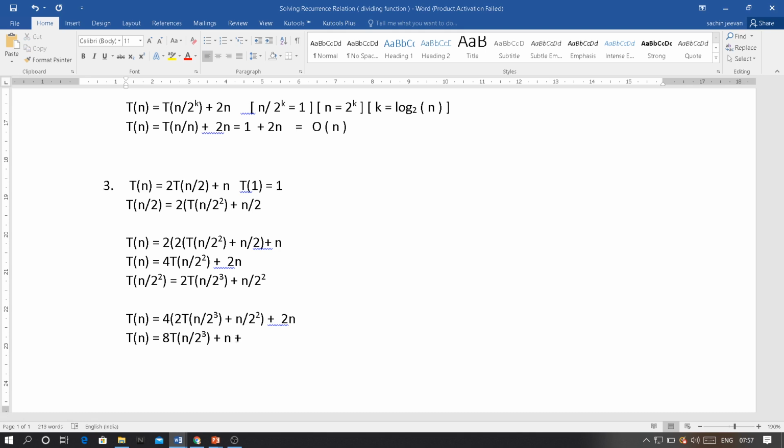Plus in the formula, one more term 2n is there, that also let me include. So n plus 2n will become 3n.